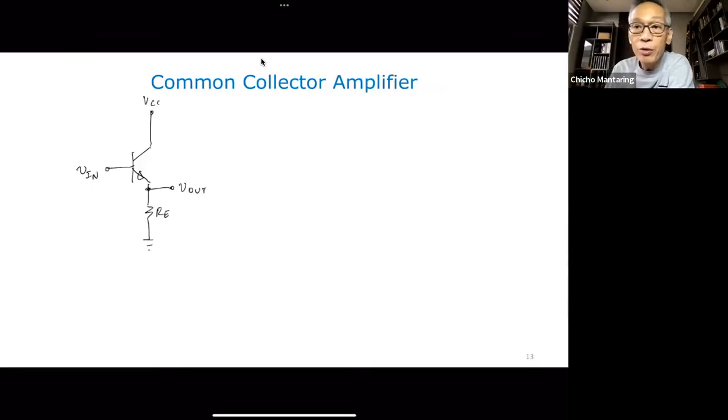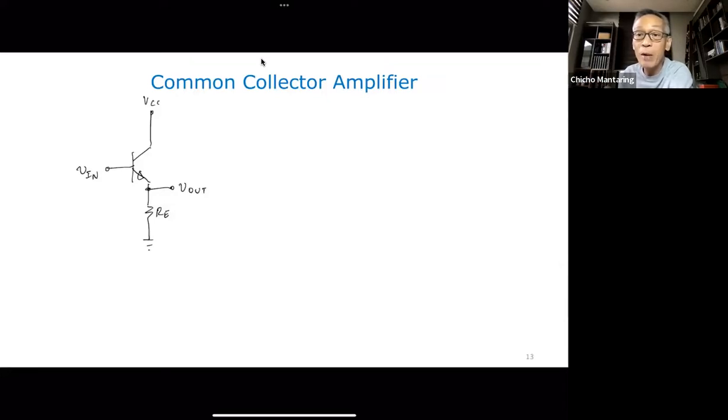Okay, now this is the only explanation you need to know at this point. With respect to AC signals, a DC source is equivalent to ground. Again, with respect to AC signals in your amplifier, your DC source is equivalent to ground. This is something to do with the principle of superposition. With respect to your AC circuit, you reduce all of your DC sources to zero.